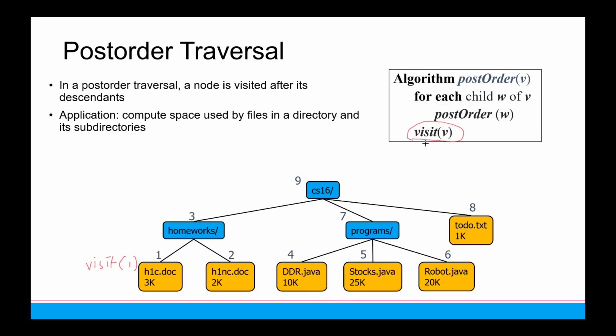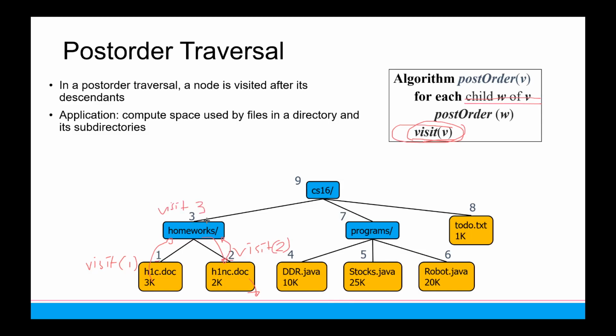After we visit 1, we return back to this node, and then this is another child. Is there any child? No, there is no child. If there is no child, then we will visit v. So visit 2. After we visit 2, we return back here. Because there is no other child besides 1 and 2, we will visit 3.